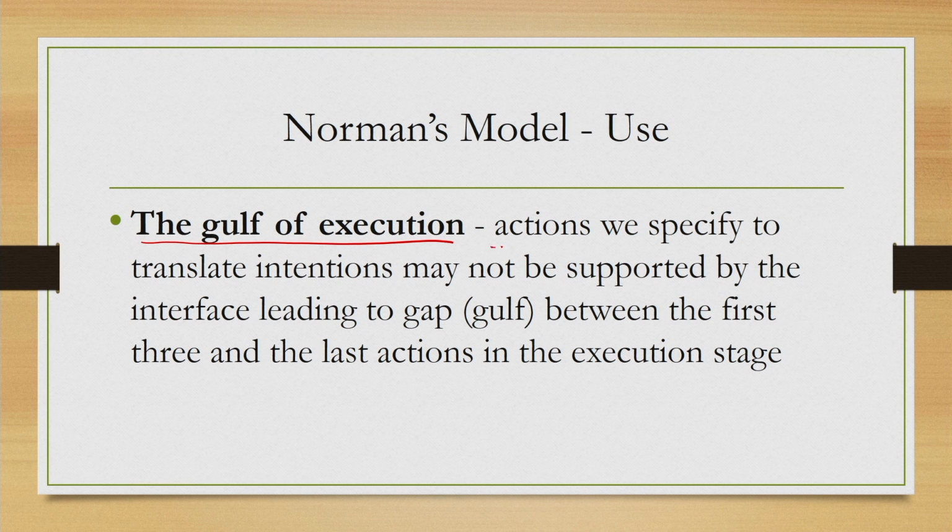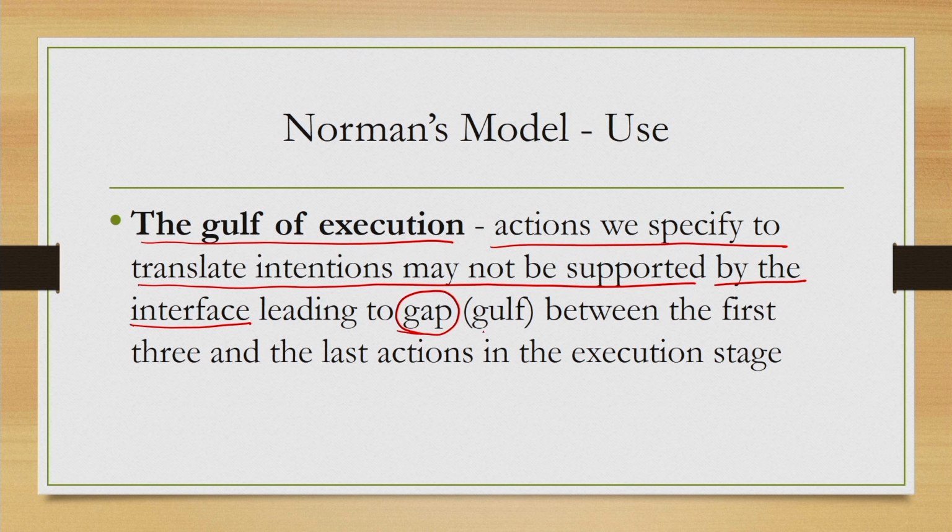Now if the actions we specify to translate intention may not be supported by the interface, then this leads to a gap or a gulf between the first 3 and the last actions in the execution stage.